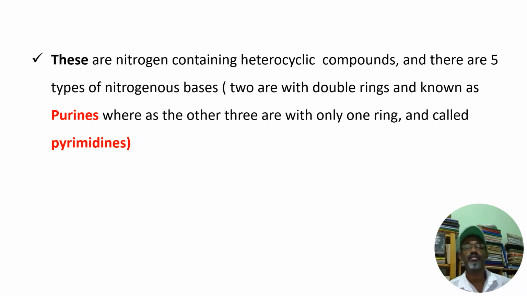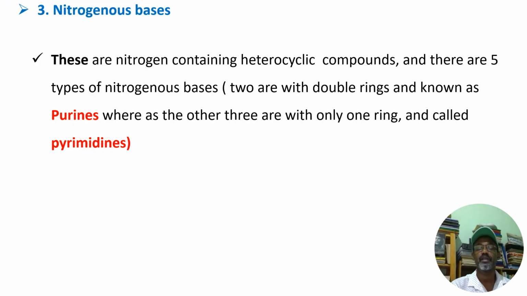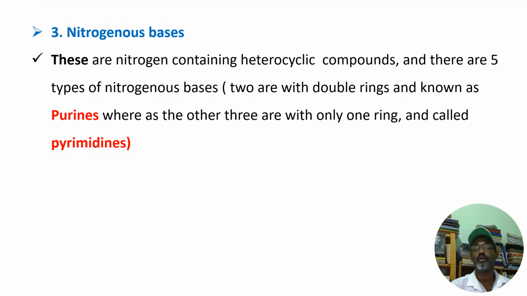These are nitrogen containing heterocyclic compounds. We are talking about what? The third component. What is the third component of DNA? The nitrogen bases. These are nitrogen containing heterocyclic compounds. There are 5 types of nitrogen bases. 2 are with double rings and known as purines, whereas the other 3 are with only 1 ring, called pyrimidines.